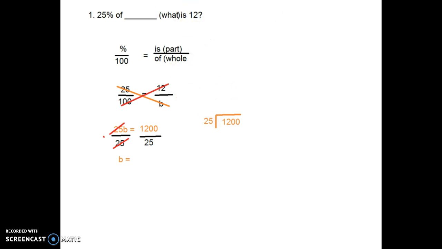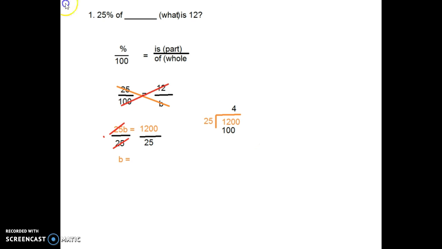Well, I know it goes in there 4 times to get to 100, right? And the next 25 would be 125, so that's too many, so it's going to have to be 4. So 25 times 4. Notice that I'm lining up my numbers, right? I'm going into the 120, so I'm going to line it up. I have my 4 right above that 0. 25 times 4 equals 100.